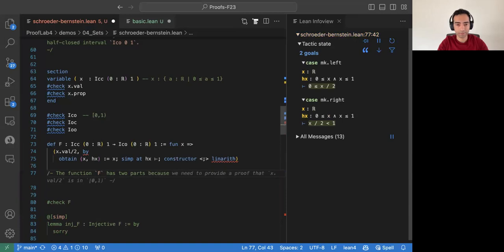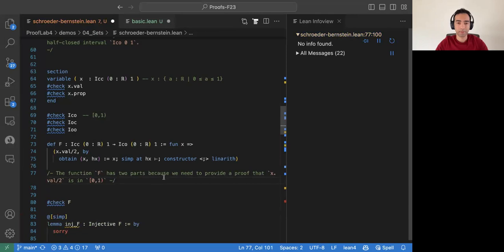Okay, almost got it right, but not completely. It says we need to provide a proof that x half. So x dot val is essentially x, because we need to provide an output, in this case, namely x over 2, and a proof that x over 2 is in 0 and 1.